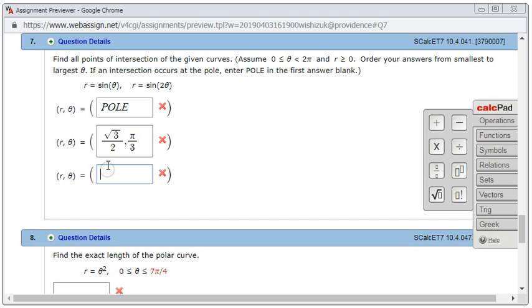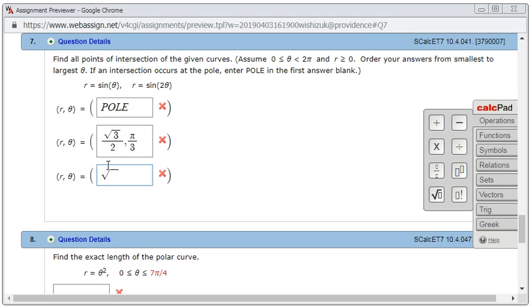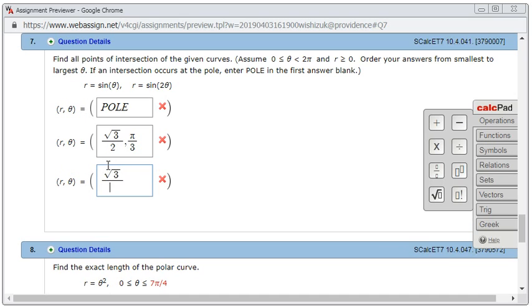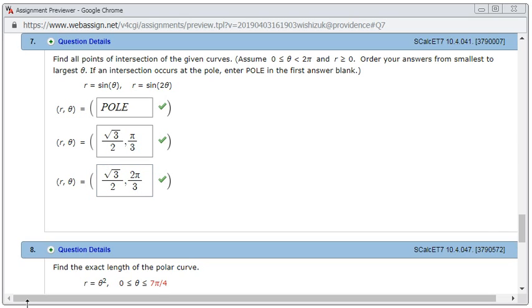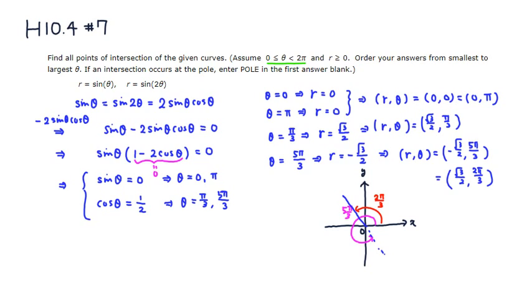And the next one is square root of 3 over 2, comma, 2 pi over 3. So let's check the answer. I came back and it looks like we got all 3 correctly. That's it. I hope that this was clear.